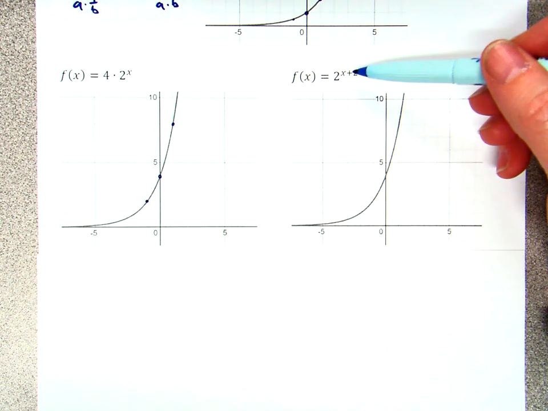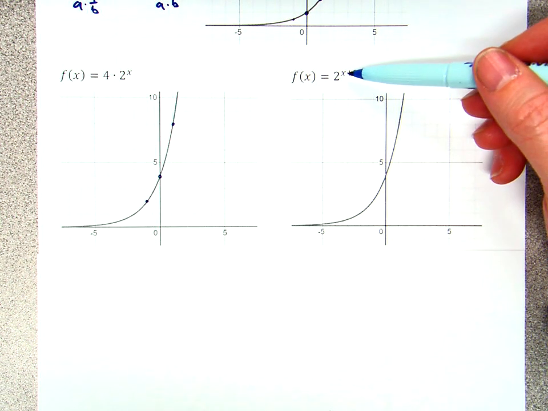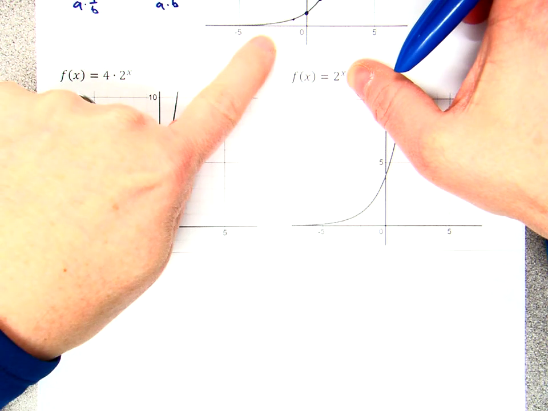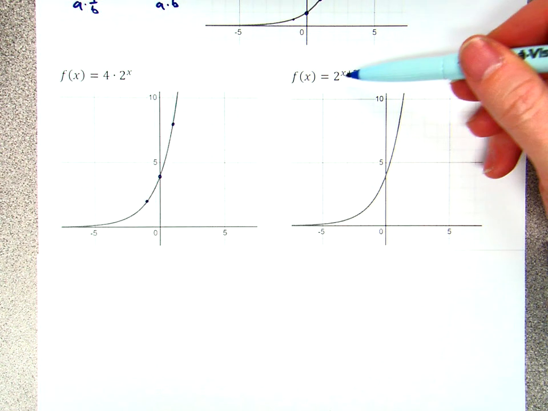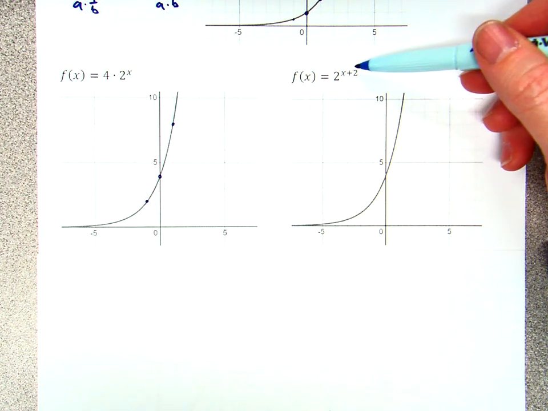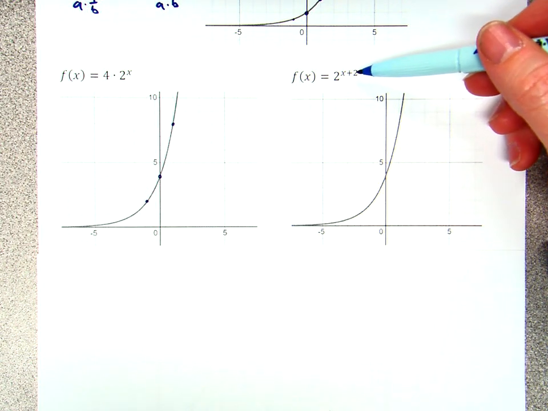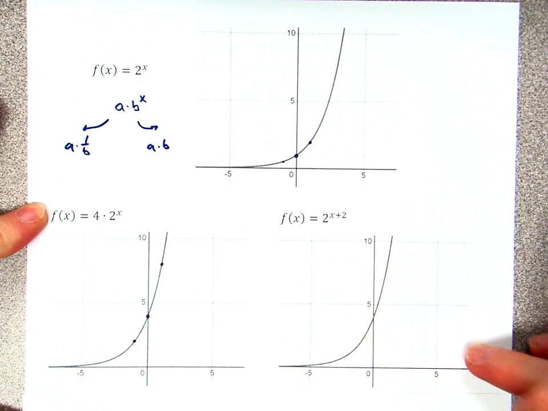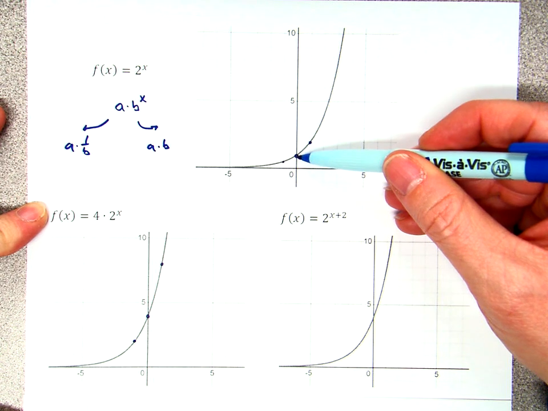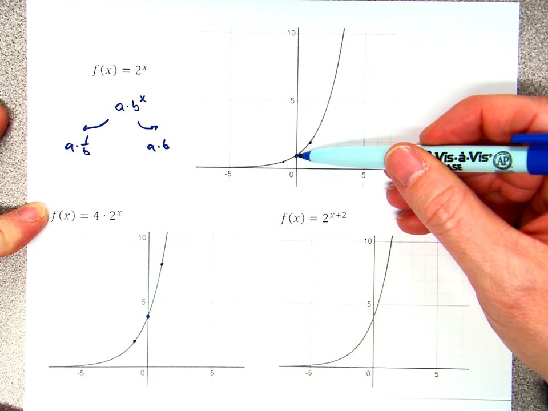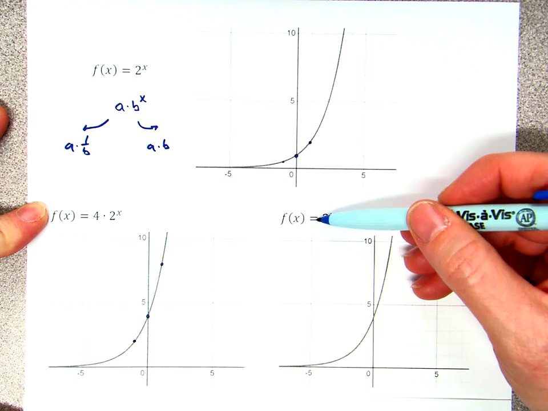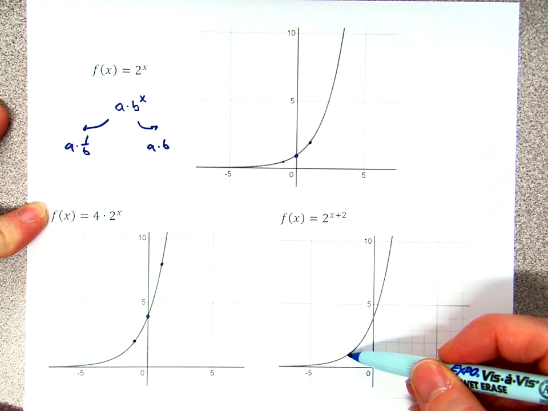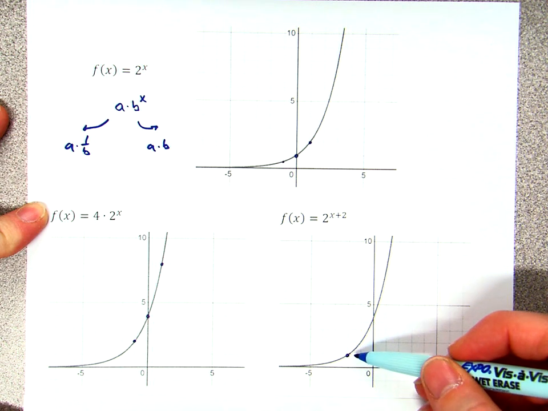But in this case, this would be taking this shape 2 to the x, which is the one we just graphed up here. And then since I have a value added to it, that's a horizontal shift left 2. So if I took my main points, if we look back at this one, the initial point at 1, because a is 1 here, and if I took my initial point 1 and moved it left 2, then I'd be placing it on the graph.